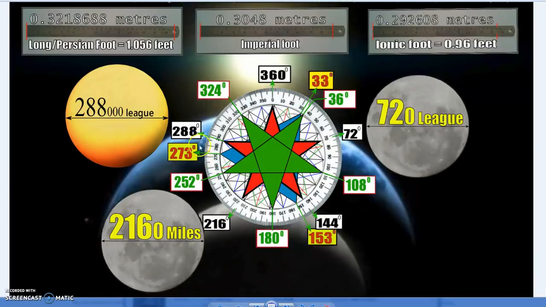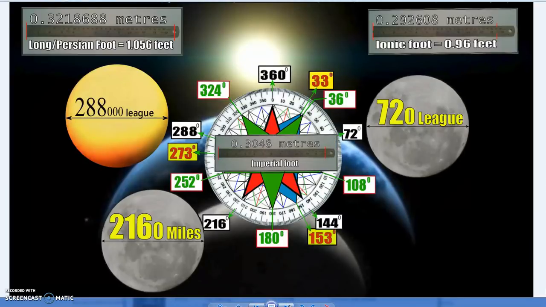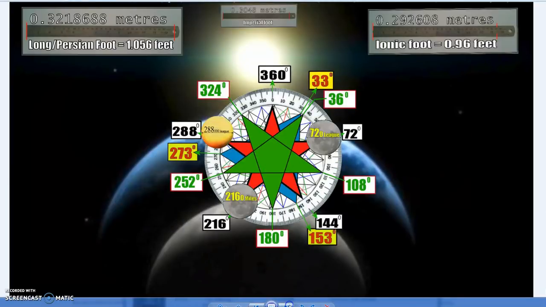What's also nice is that in leagues, 288,000 leagues is the diameter of the Sun at 864,000 miles. Measuring the Sun is very difficult, but it's still above 99.94%. And there's always a definition that goes in there. So we see how the imperial units connect.